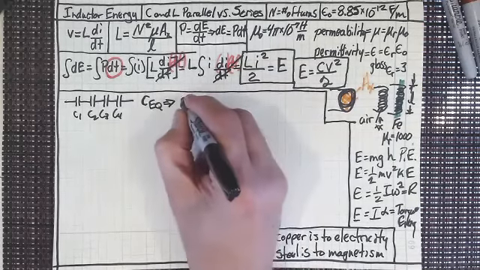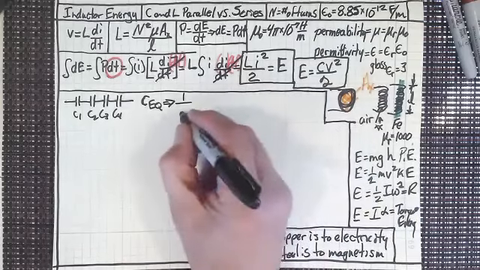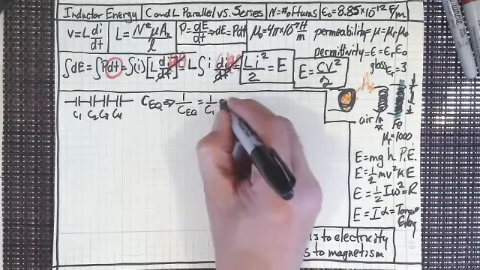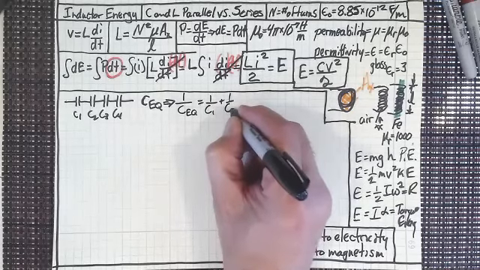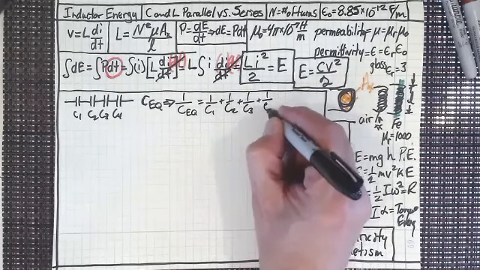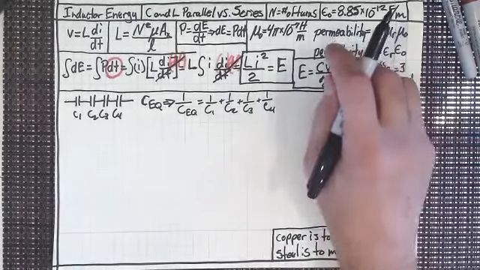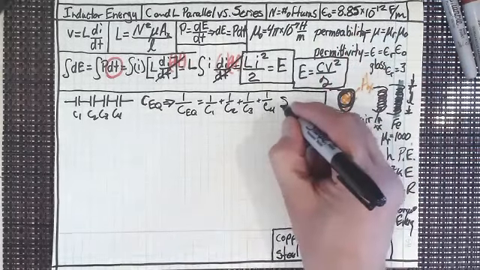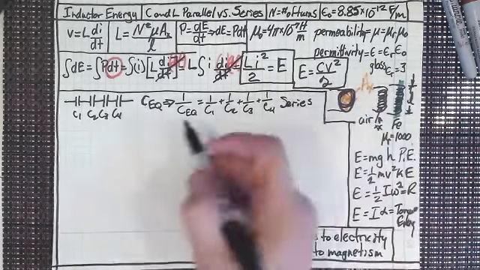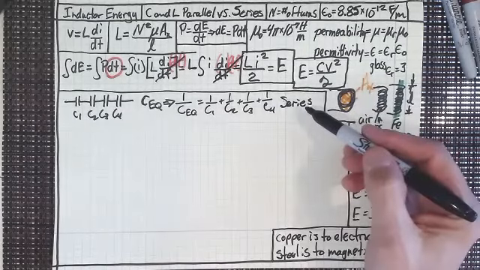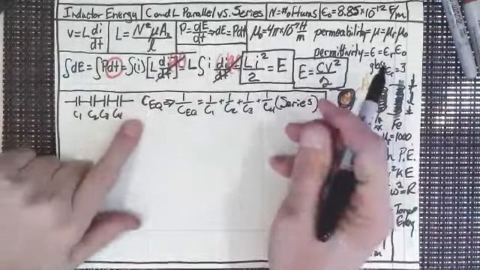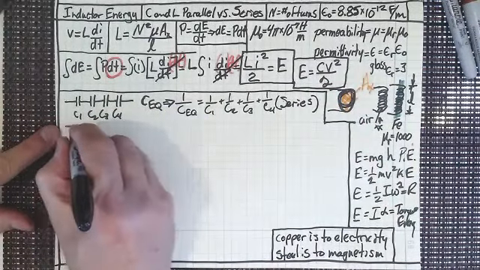let me write it this way. Just like resistors in parallel, 1 over C equivalent equals 1 over C1 plus 1 over C2 plus 1 over C3 plus 1 over C4. Does everyone see? And that's for series capacitors. So it works exactly opposite of resistors. All right. Now, how about if they are in parallel?